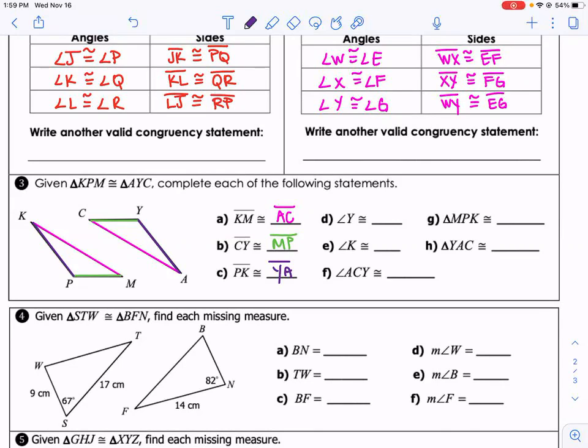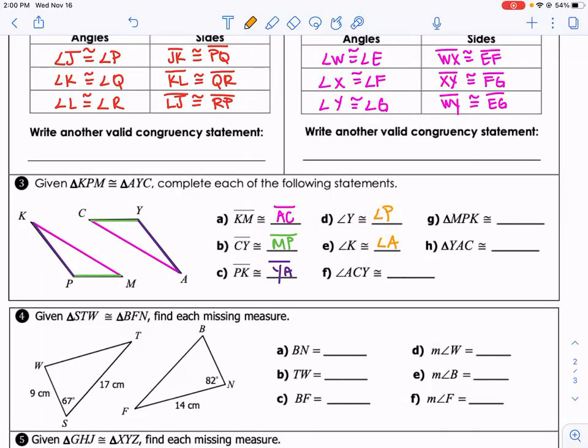All right. Now, angle Y corresponds with angle P, and angle K corresponds with angle A. Is A the same spot as K? They correspond. Now what about this?